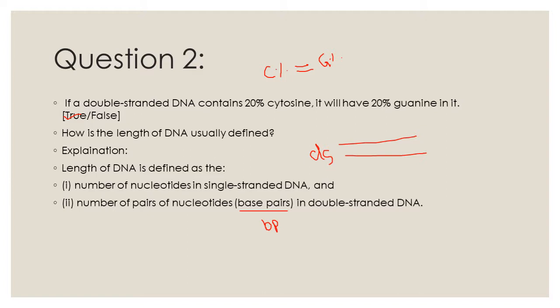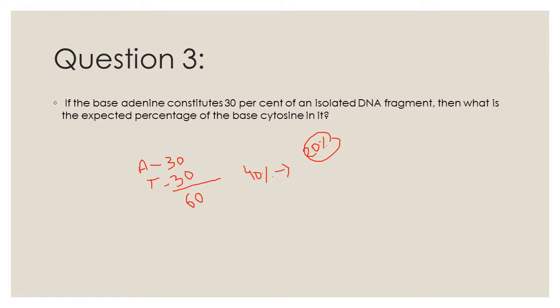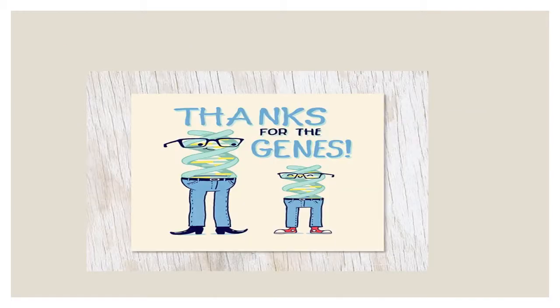Is it true or false? Yes, it is true because the amount of cytosine and guanine is equal. Question number 3: if the base of adenine constitutes 30% of an isolated DNA fragment, then what is the expected percentage of the base of cytosine? Now over here, adenine percent.